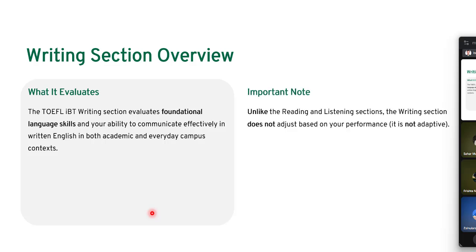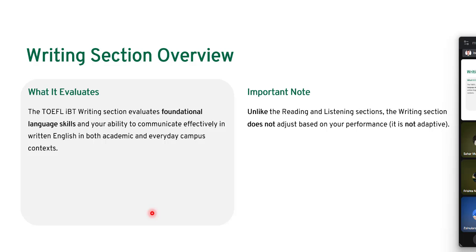The important note is that the writing section and the speaking section are not adaptive, as I already stated in the previous session, that only the reading and the listening are adaptive parts. The writing and the speaking sections are not based on performance, and we have discussed what we mean by adaptive.